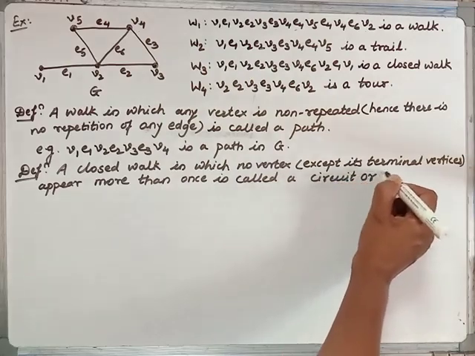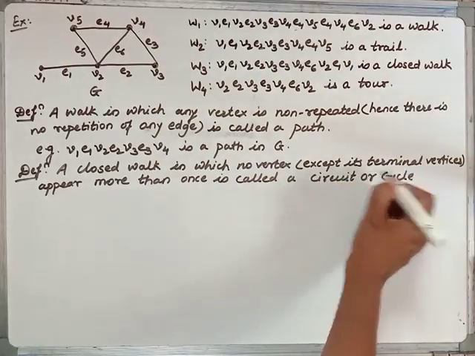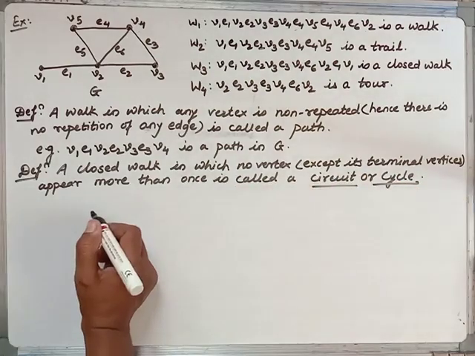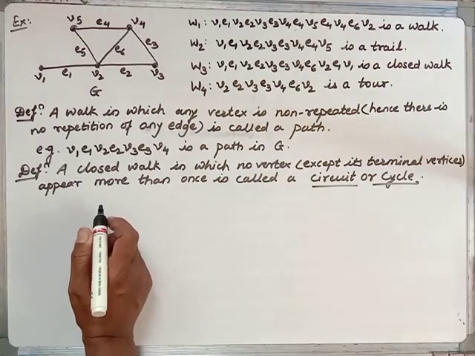If initial and terminal vertices are the same, then the walk is a closed walk. Circuit is also known as cycle. A closed walk where no vertex is repeated is called a cycle.